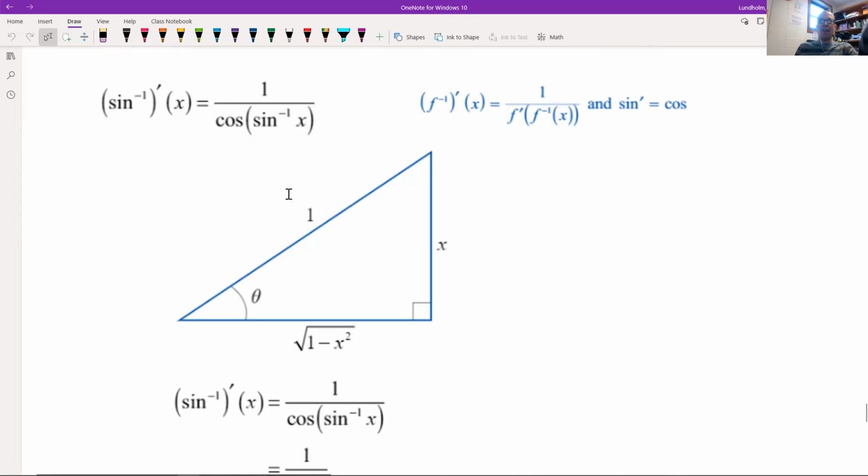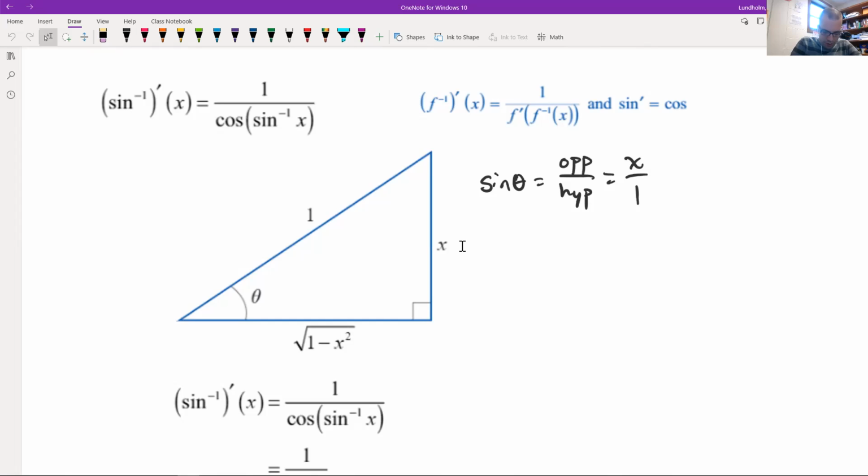And because we have 1 and x already, we're able to find that the adjacent leg is the square root of 1 minus x squared just by the Pythagorean theorem. Let's look at the Pythagorean theorem.